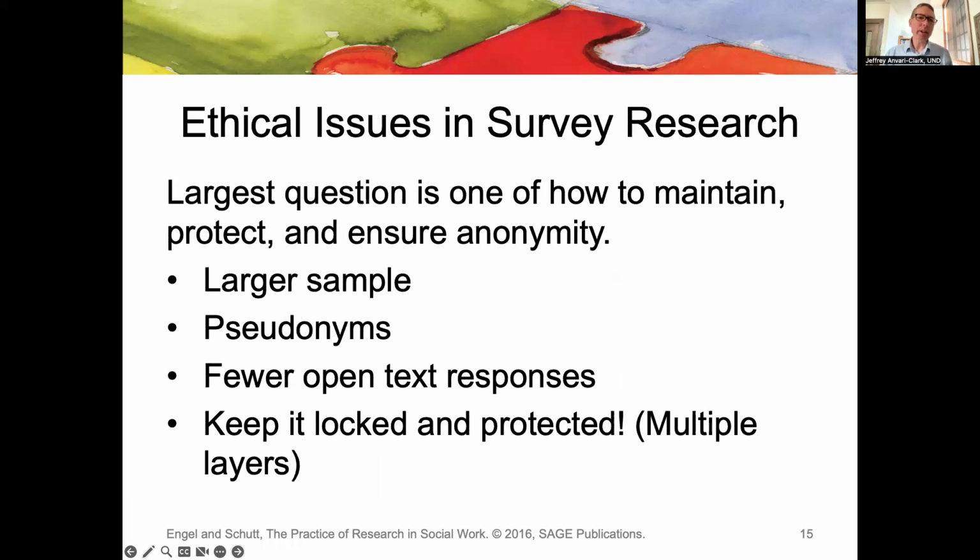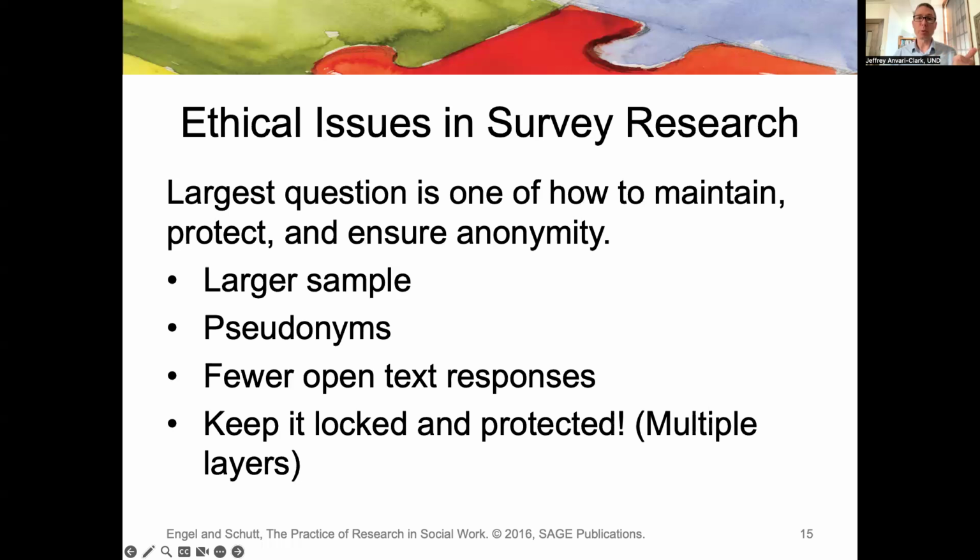And finally, in our ethical issues, one of the biggest pieces here is, how do we make sure that people are protected? How do we ensure anonymity? And so one of the ways is to have a larger sample. When you have a small sample, you might be able to put some responses together and say, I know who answered that one. Especially when you have demographic data.